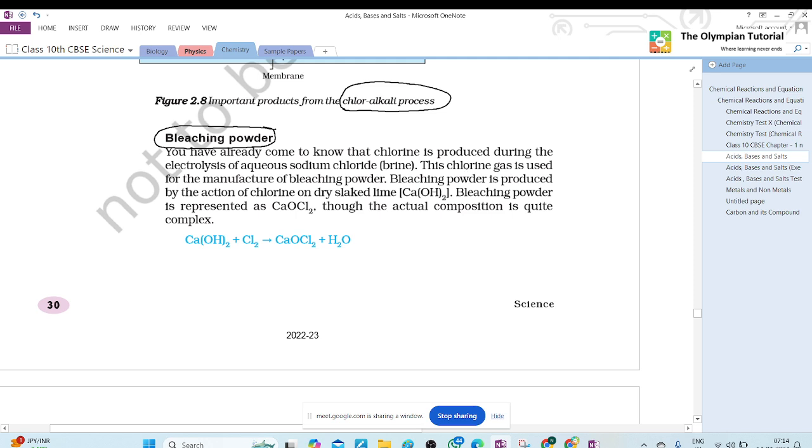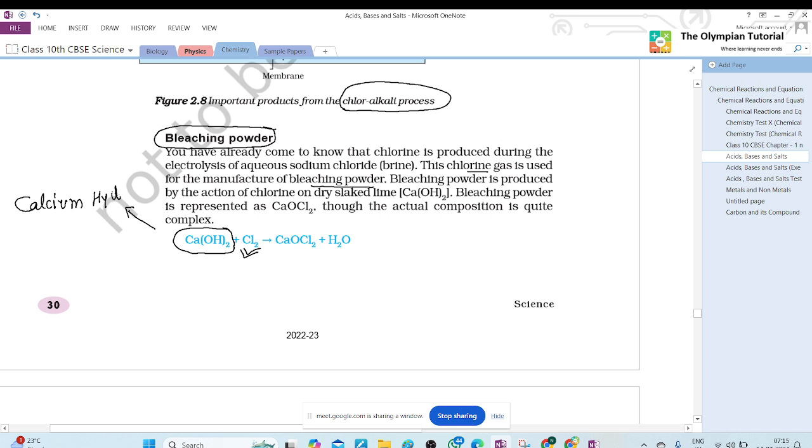This chlorine is used for the manufacture of bleaching powder. How is bleaching powder produced? When chlorine reacts with this one. What is this compound, Ca(OH)2? Calcium hydroxide or slaked lime. Very good.